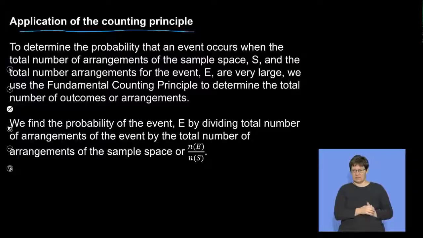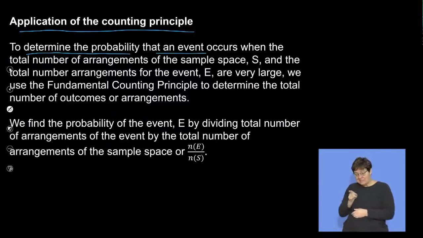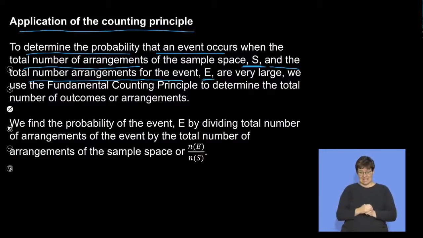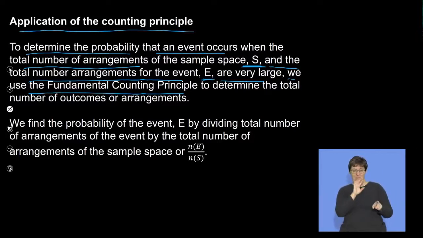To determine the probability that an event occurs when the total number of arrangements of a sample space S, so S is the sample space, and the total arrangements for the event E are very large, we will use the fundamental counting principle to determine the total number of arrangements.